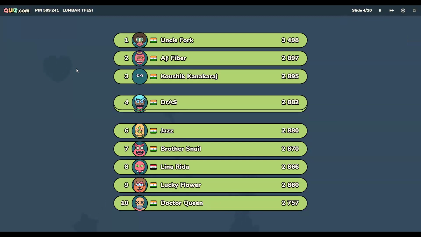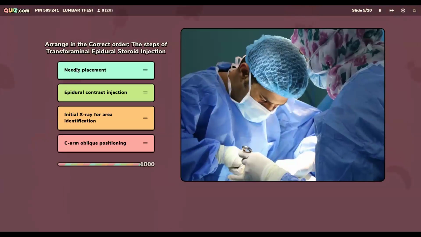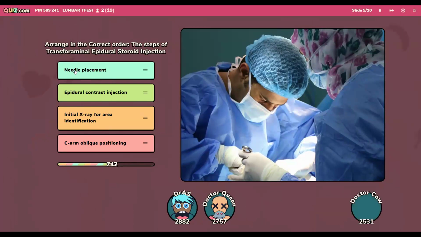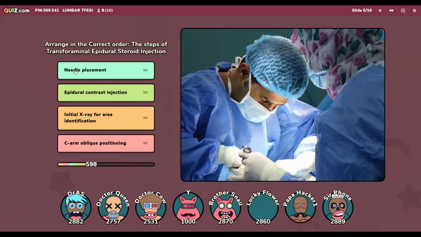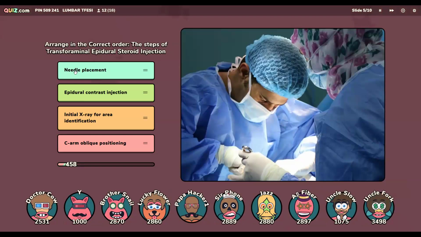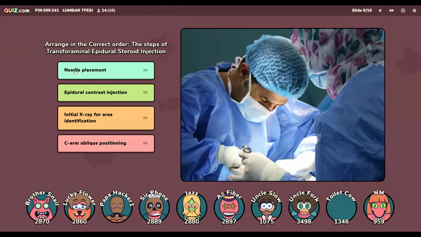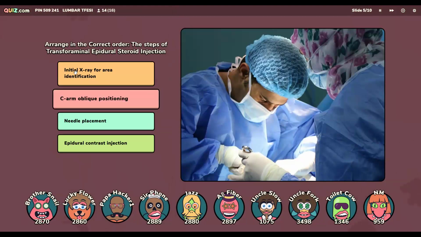Arrange in the correct order the steps of transforaminal epidural steroid injection. (1) Initial X-ray for area identification. 2. C-arm oblique positioning. 3.